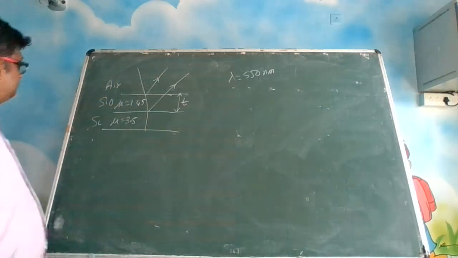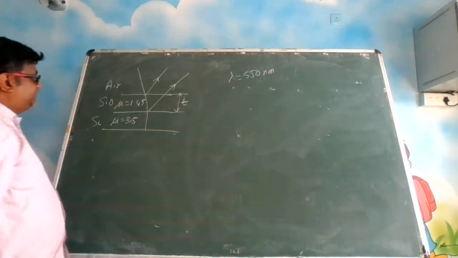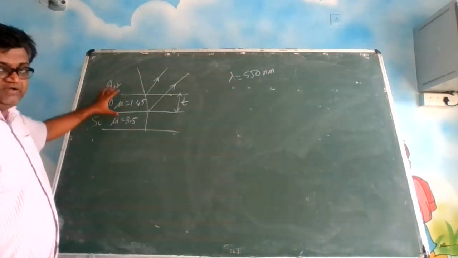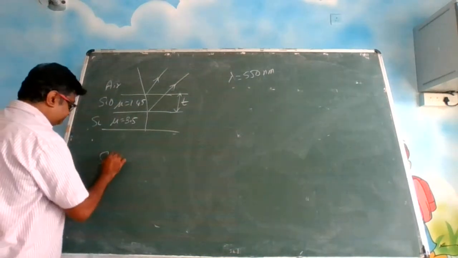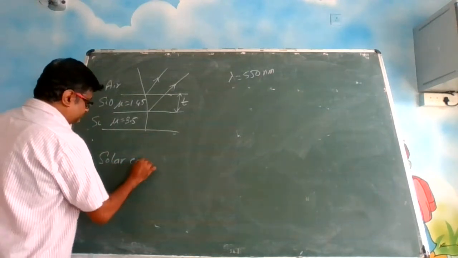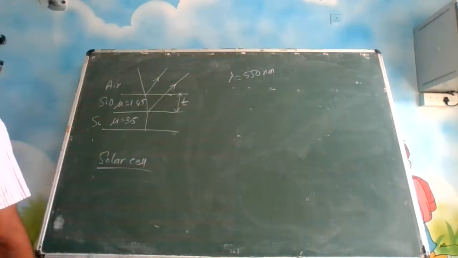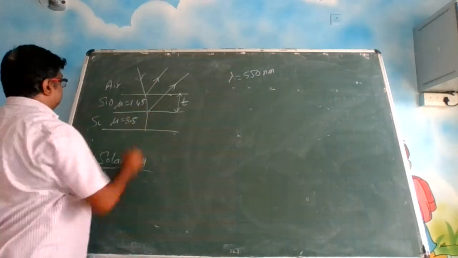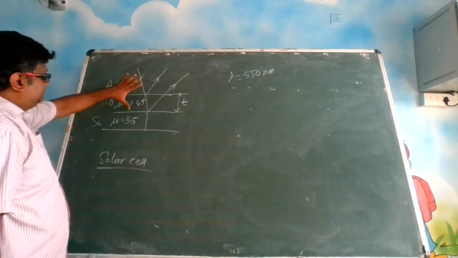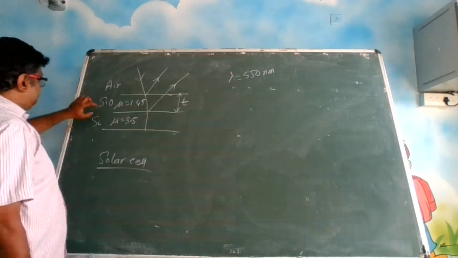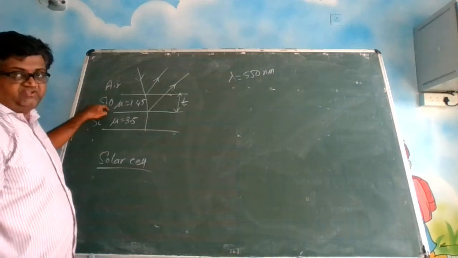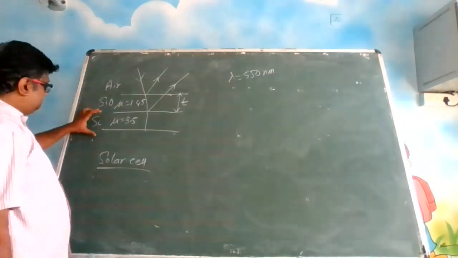So let us see another question. Now this is a diagram of a solar cell. Here a ray is falling onto this layer. There is a thin film of silicon oxide, and another layer of silicon.